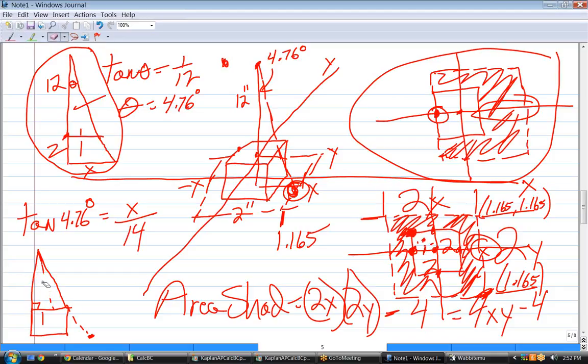We want this whole angle. The reason we do is because that angle is going to be the same as this angle here, and it's going to tell us how far x goes out, how far the shadow goes out. Well, this distance is 2.